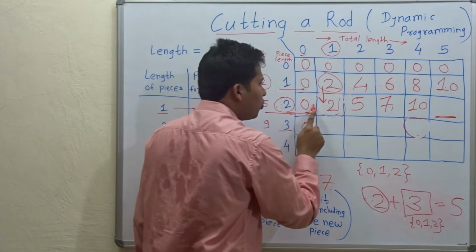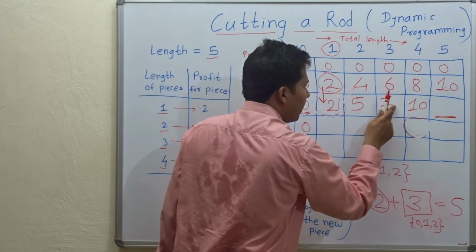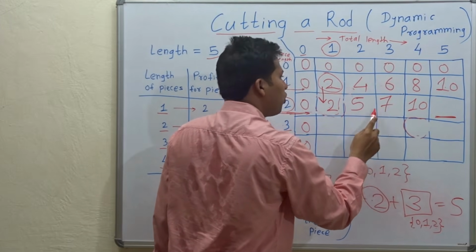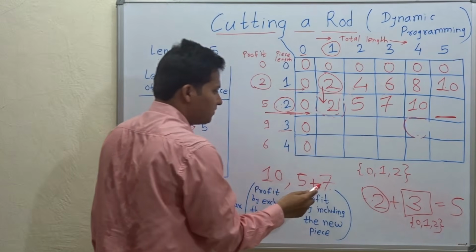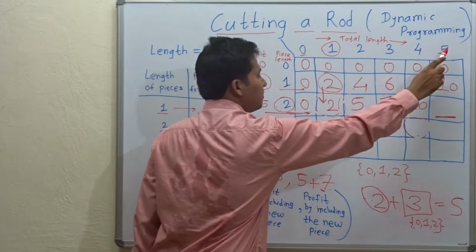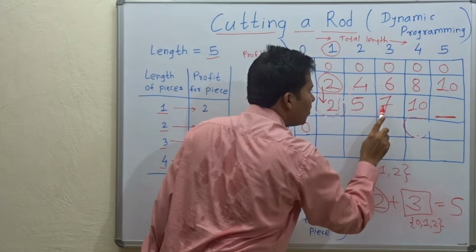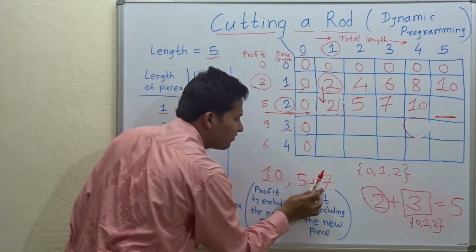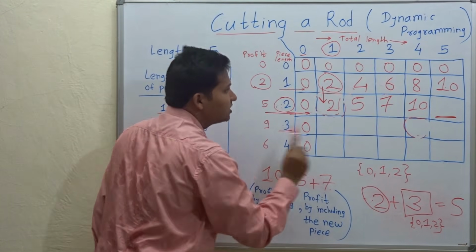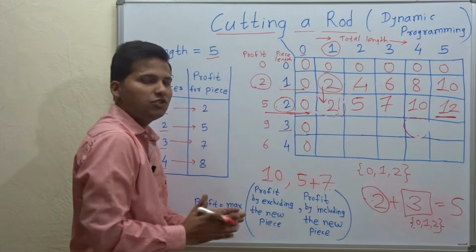And you have to go to the third column in the same row, and that is the profit for the remaining length, that is 7 here. So add 7. 5 plus 7 is 12. What is max? 12 is max out of 10 and 12.